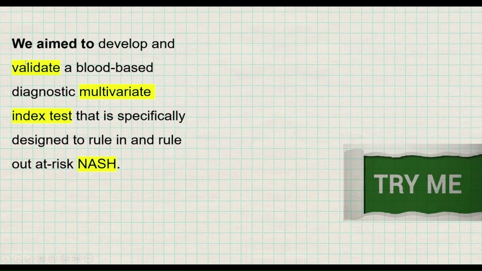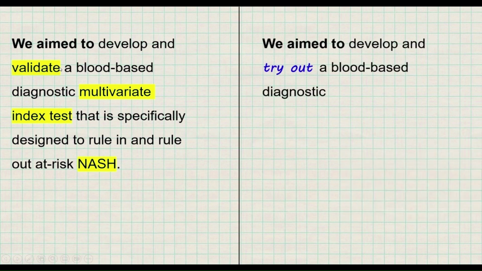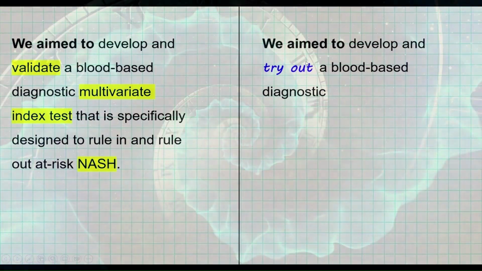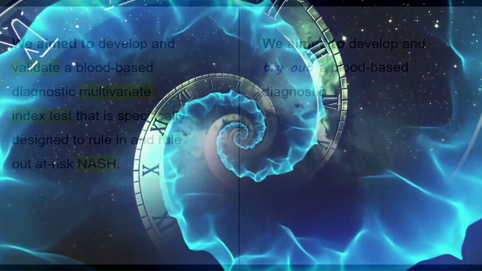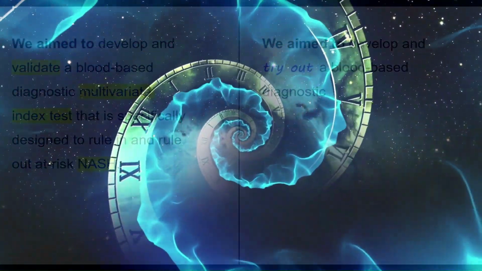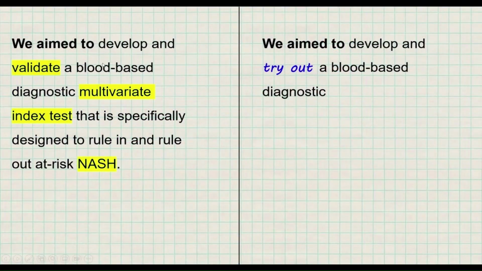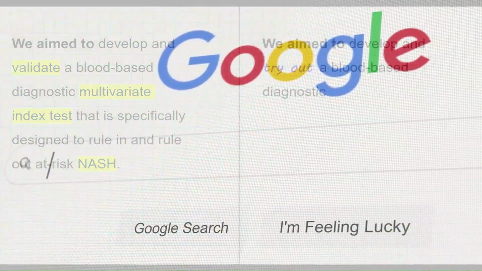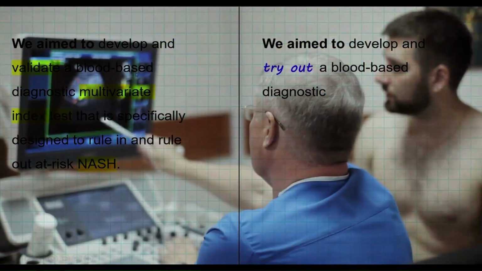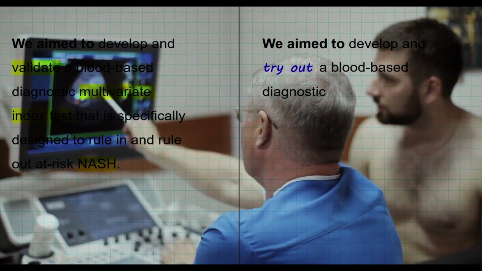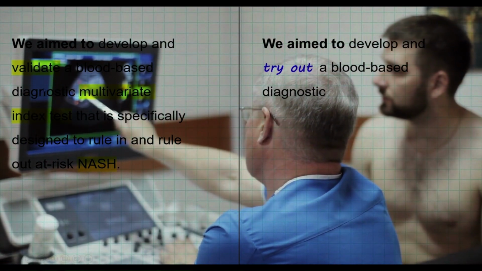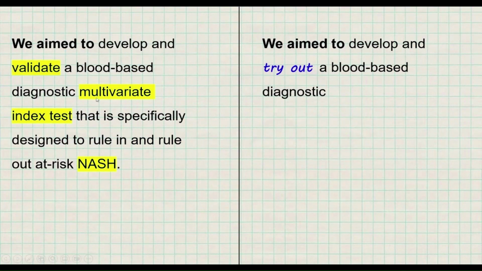Validate just means to test or try something out to show that it's true. Multivariate index test sounds really complicated, but the definition is actually pretty simple. If we Google the term index test, an index test in diagnostics just means a new diagnostic test that's being compared to the current standard diagnostic tests. So it's a new diagnostic test.